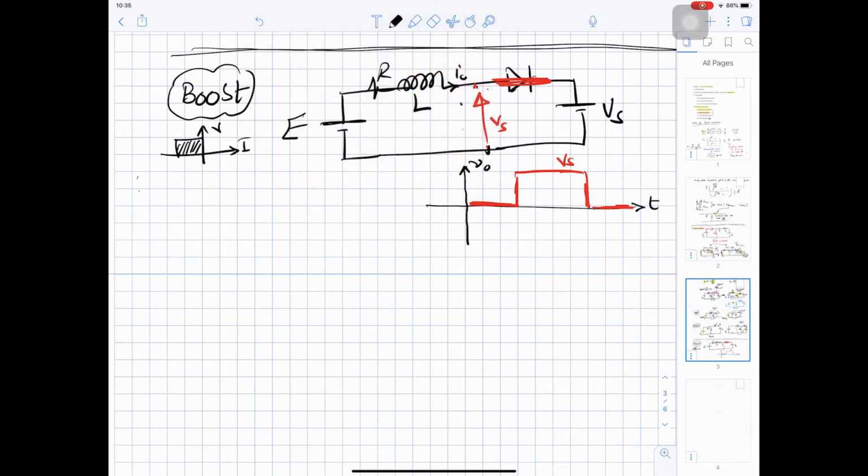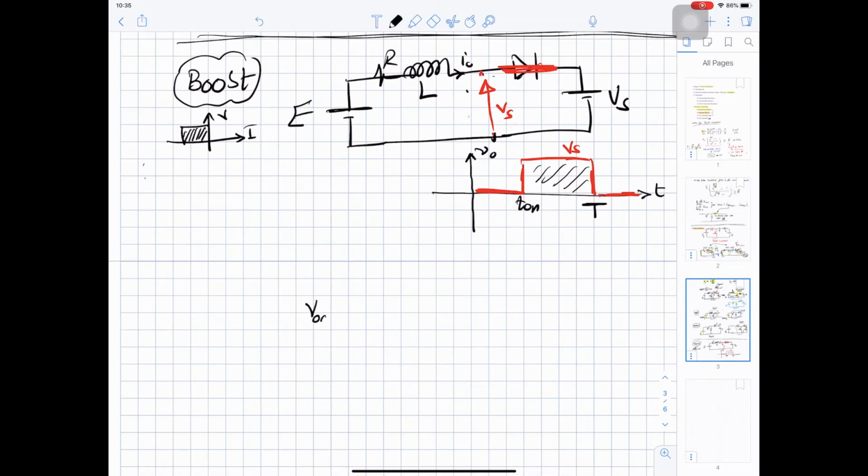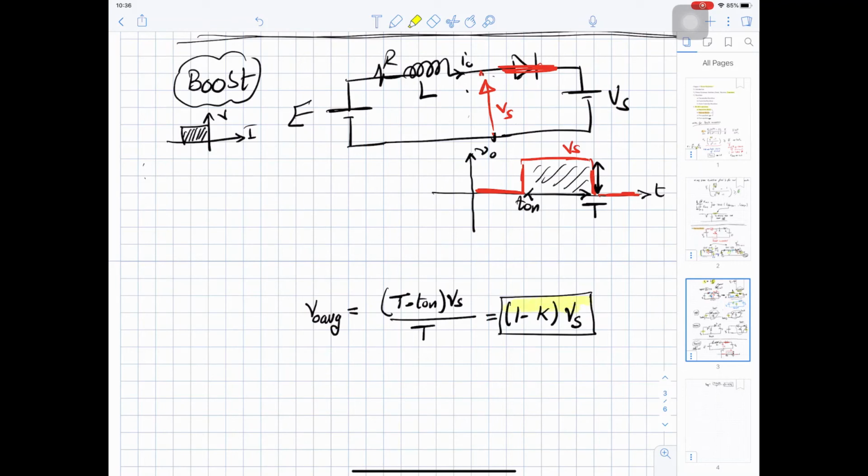So this is V out, this is T on, this is your T, and so on. If you find the V out average, it is T minus T on, this length, multiplied by the height Vs, divided by the total time T, or it is 1 minus K multiplied by Vs. So V average for the second quadrant is 1 minus K V source.